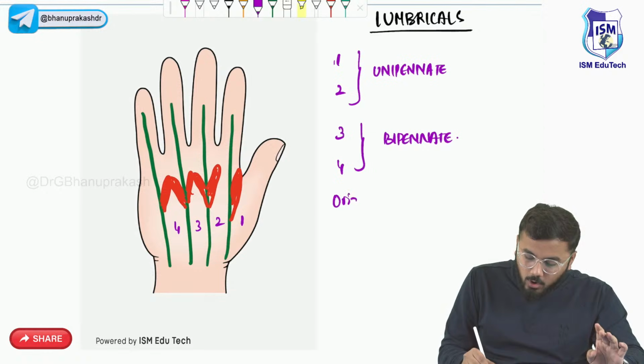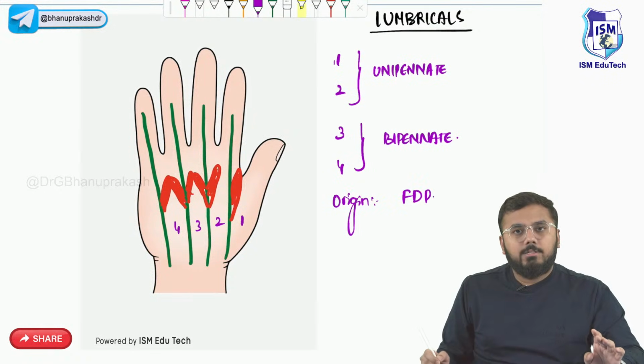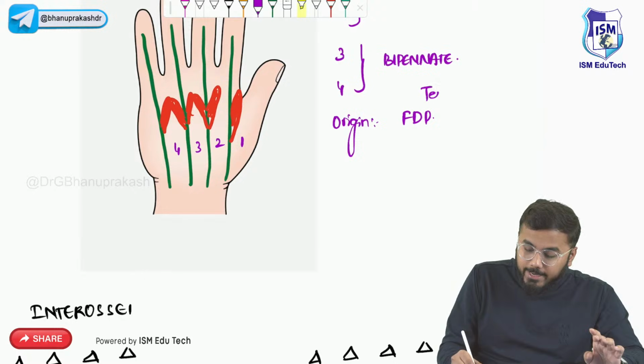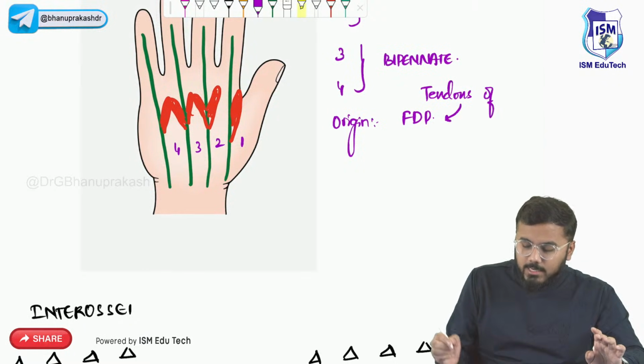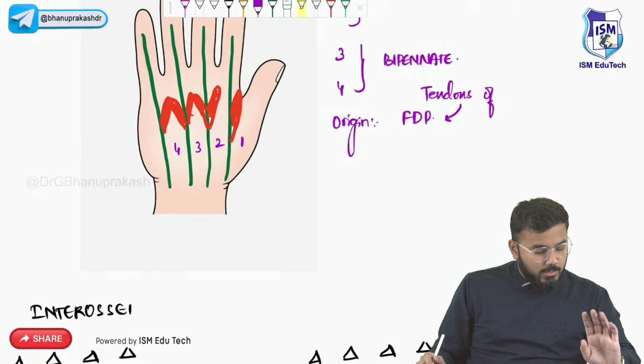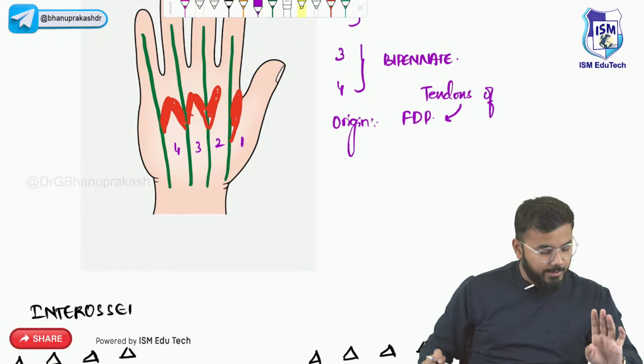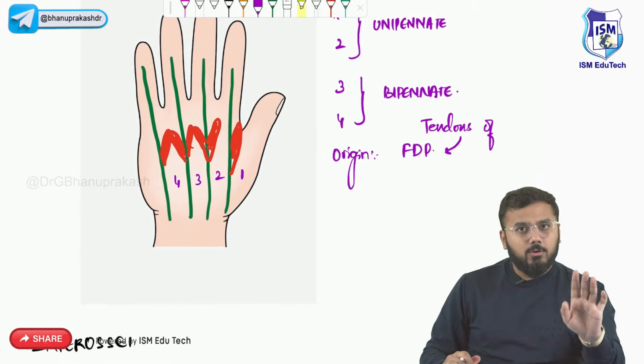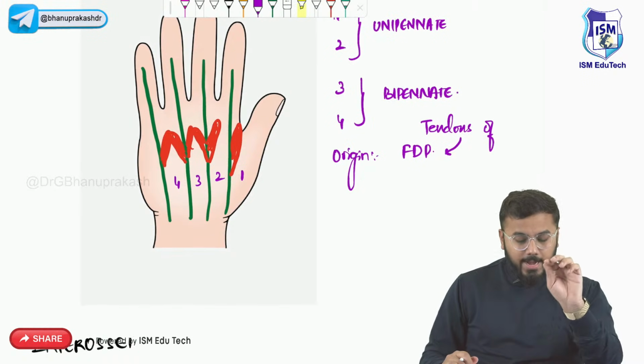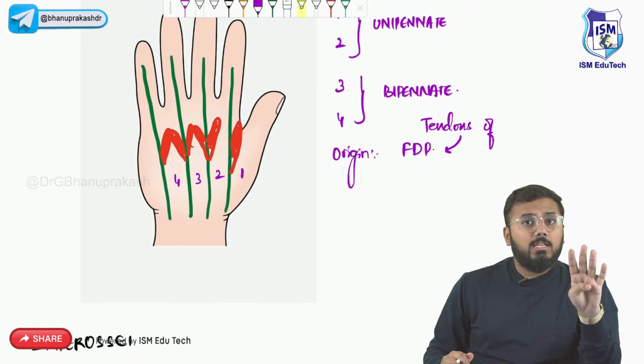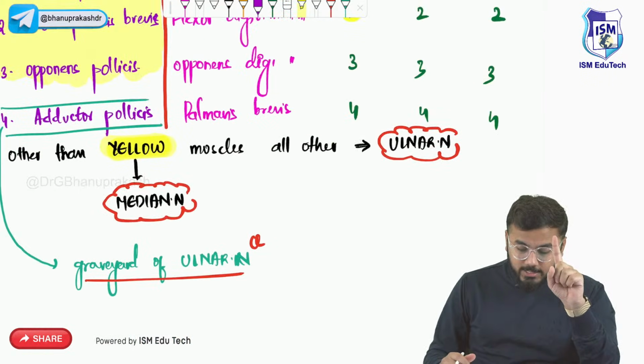If I ask you the origin of these muscles, they originate from flexor digitorum profundus, right? Exactly speaking, from the tendons of flexor digitorum profundus. Is everyone clear? And out of all these 4 lumbricales, what is the nerve supply? I told you in the starting itself.